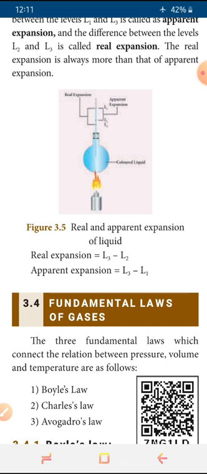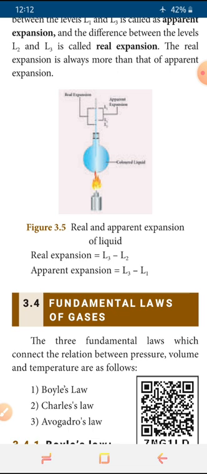So we mark the new level as L2. It comes down as compared to the previous position in that straw or narrow tube. Why is it coming down? That is because of expansion. When we heat, the flask expands. Due to that, the liquid moves down, and the level in the narrow tube also lowers. This level is taken as L2.